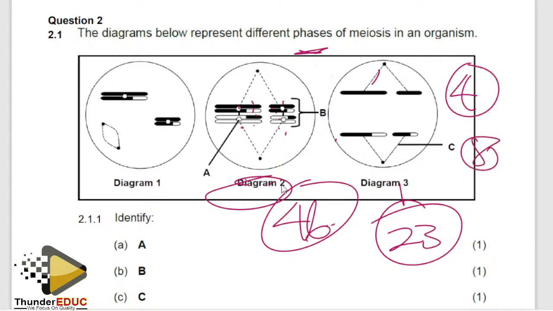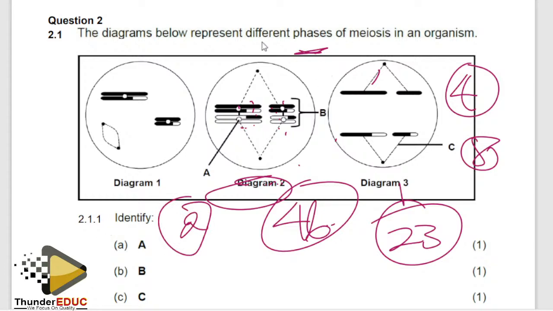How many chromosomes will be found at the end of division of diagram 2? Because this is meiosis 1, and there are 4, therefore it's going to be 2. That's the number of chromosomes which will be found at the end of meiosis 1.